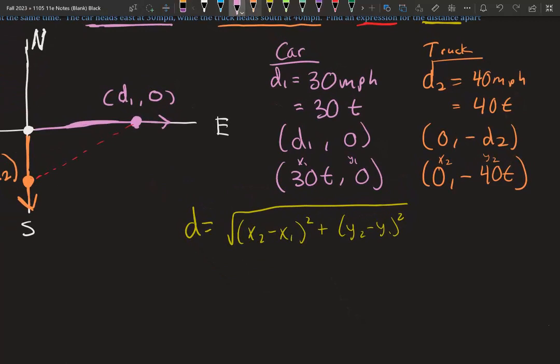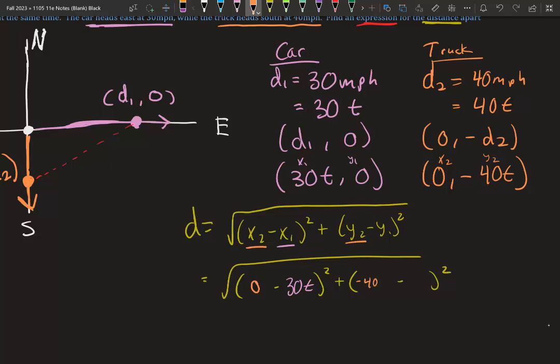So we have x2, which represents 0. x1, which represents 30t. And then we have y2, which represents negative 40t. And then we have y1, which represents 0.